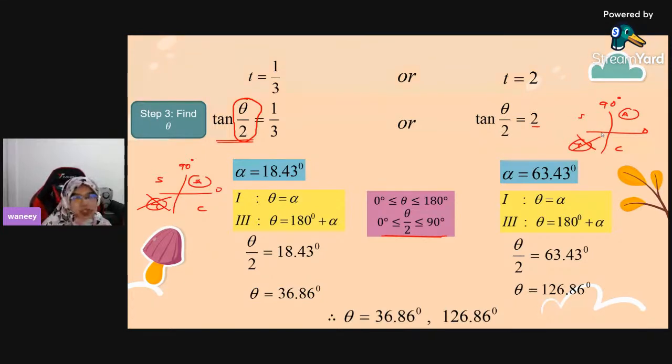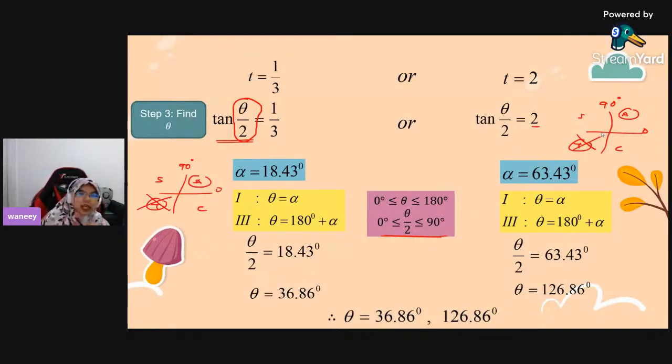For t substitution, just make sure to change everything in terms of t, and then solve for t. Make sure you get the value for t. Once you have t, go back and substitute the previous substitution, the theta part, and change everything into theta to find theta. That will be our final answer.